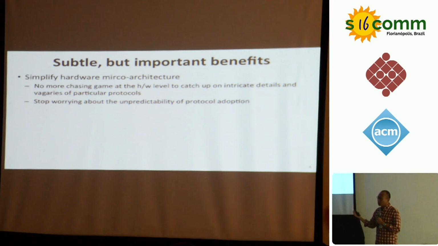And that gives them a lot of benefits because they can now focus on much more important things that can be better done in hardware. For example, what's the right data structure and algorithm for exact matching, ternary matching, and range search? What's the right ALU design for packet processing operations rather than general purpose operations, right?